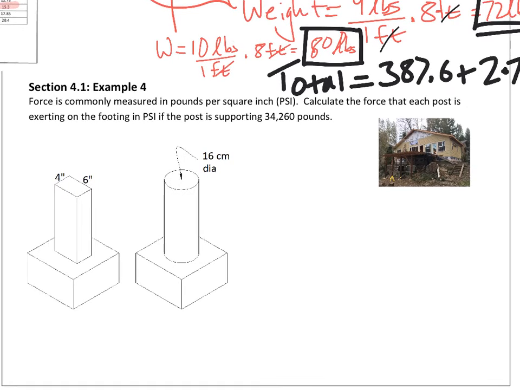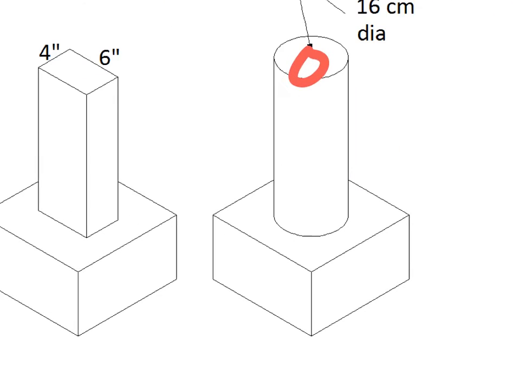All right, so it says this force is commonly measured in pounds per square inch. How many pounds per square inch here is being applied on the surface here? Okay, and that's called PSI. So we want to calculate the force. If we have one of these here supporting 34,260 pounds, what's the PSI?